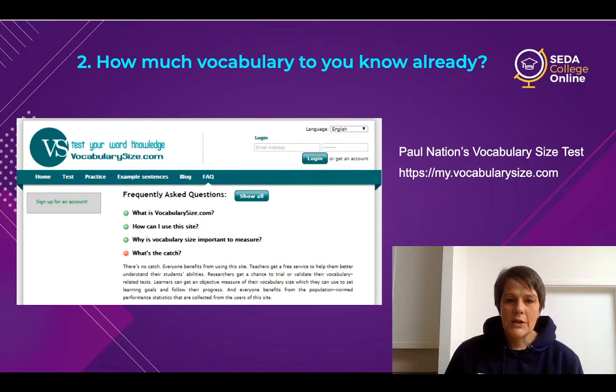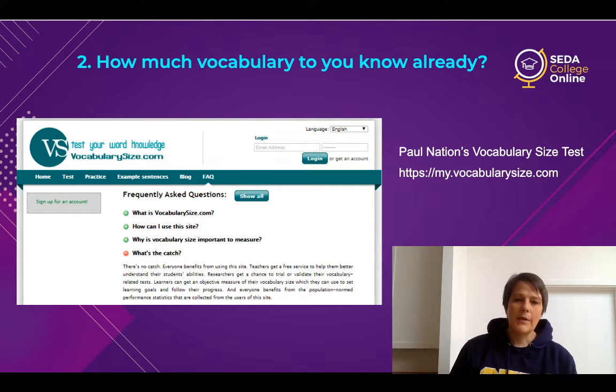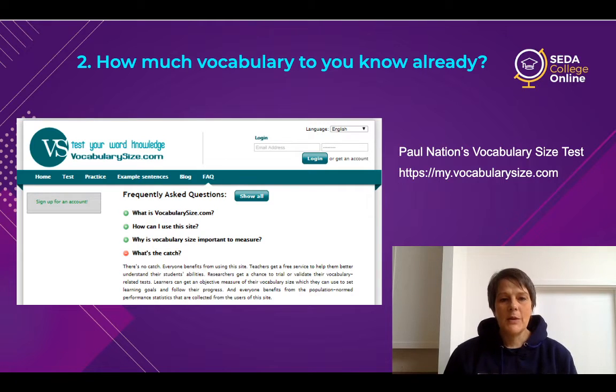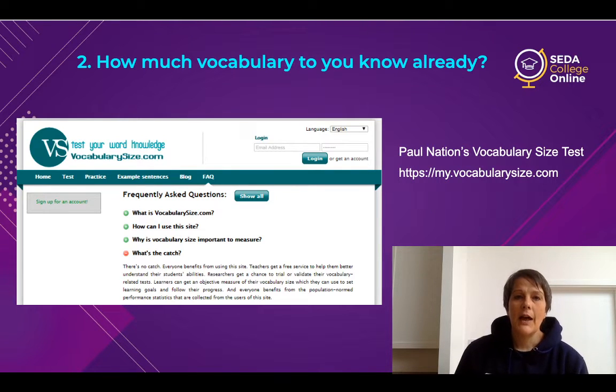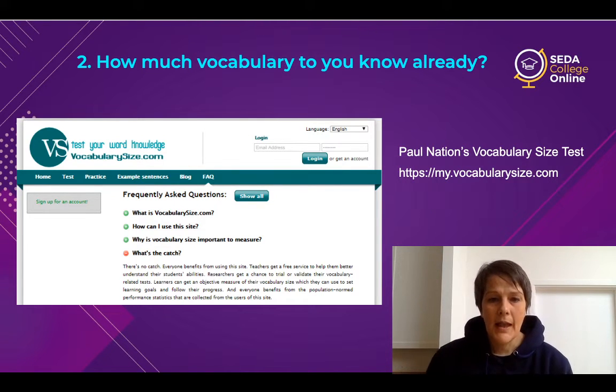It helps researchers because they can trial their tests and validate vocabulary-related tests, and they can get feedback from learners in terms of what they know and they don't know. And it helps you as a learner because you can get an objective measure of your vocabulary size. And then you can use this to set learning goals and follow your own progress.